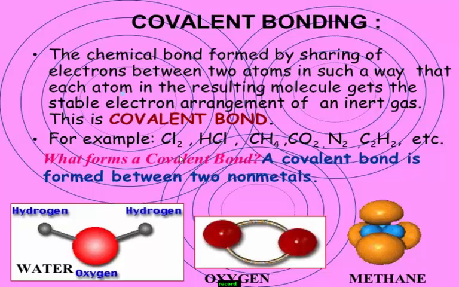A covalent bond is formed due to the sharing of electrons between two atoms in such a way that each atom in the resulting molecule gets the stable electron arrangement of an inert gas.